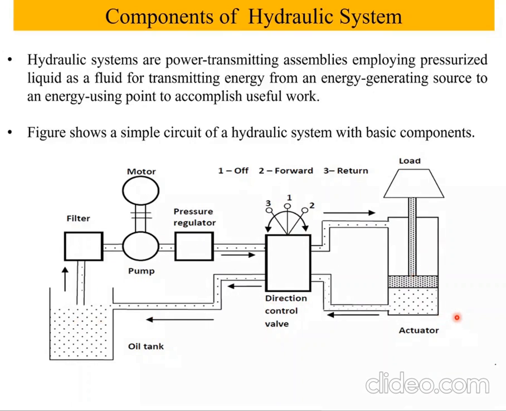So we need to move this oil from the lower level to the upper level, and for that we need this pump and motor arrangement. When this motor starts, the pump will start fetching the oil from the tank. It will get filtered here, and the pure oil will start moving to the pressure regulator.